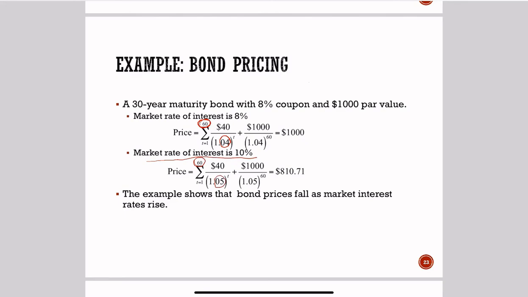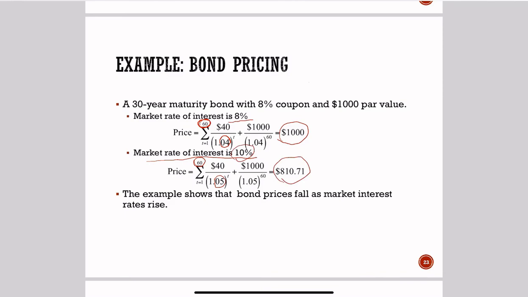If you compare these two cases, you can see that if market interest rate is 8%, then the bond price is $1,000. If market interest rate is 10%, then the bond price is $810.